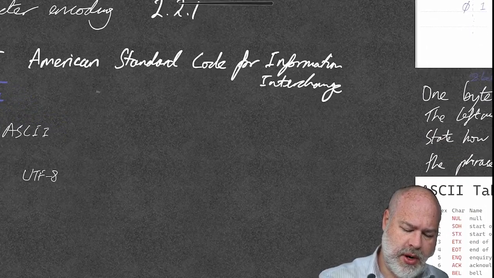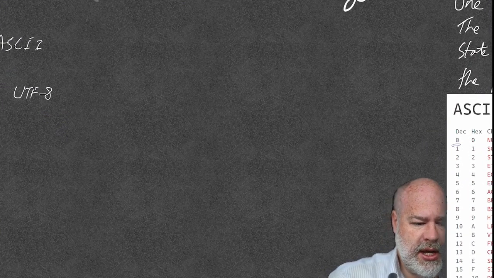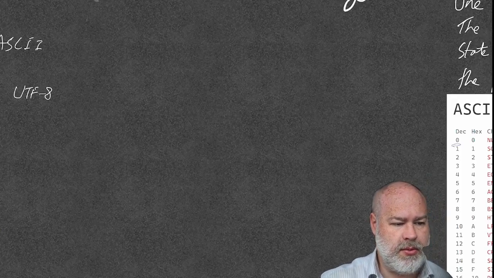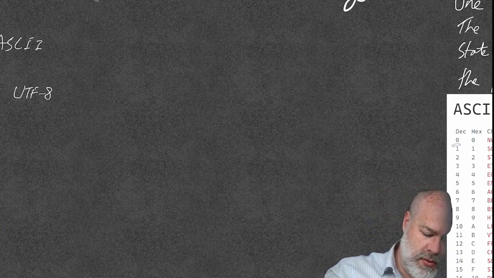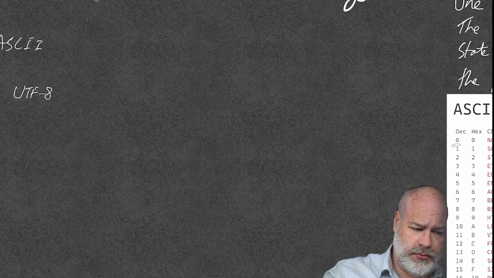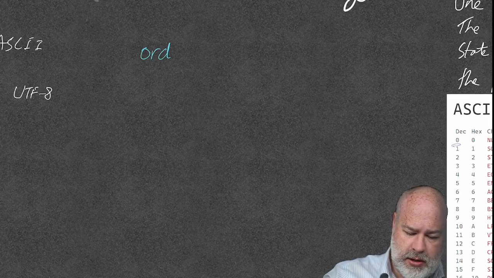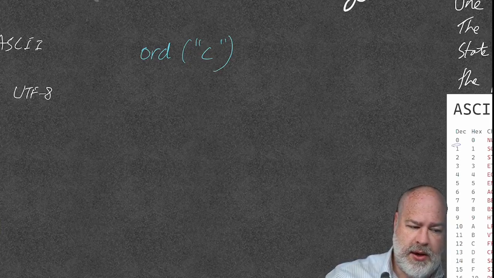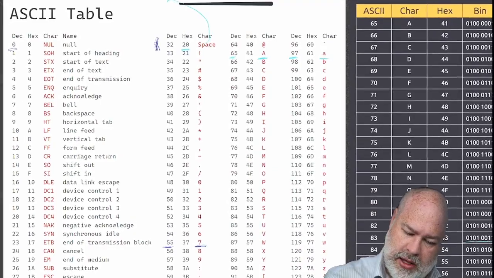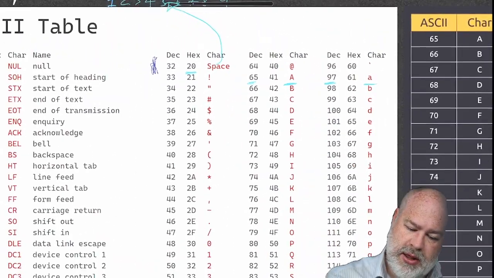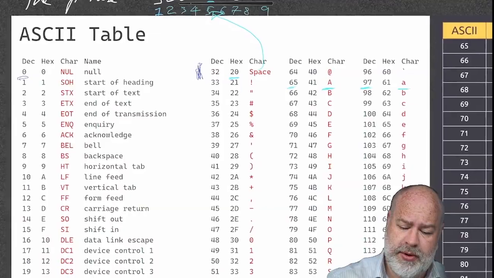So let's just quickly talk about some interesting things that might come up when we're doing more programming with ASCII. Within Python, we can use ord and then put a string in there as a parameter, and that will return the position on our character map of that ASCII character.